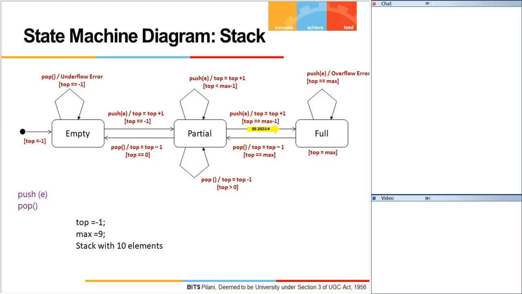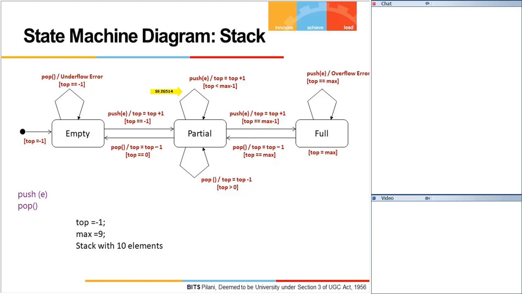However, if a push event occurs and my top is less than max -1, there I still have space in my stack to push in more elements. I will still remain in the partial state, and hence the loop over this particular transition.